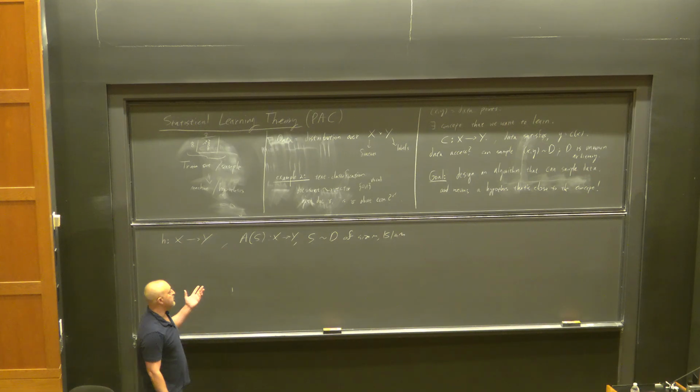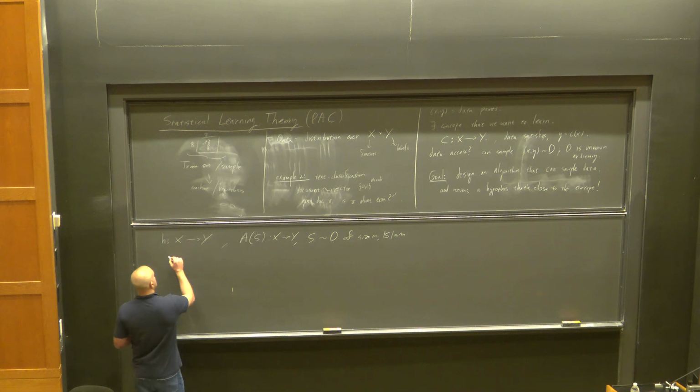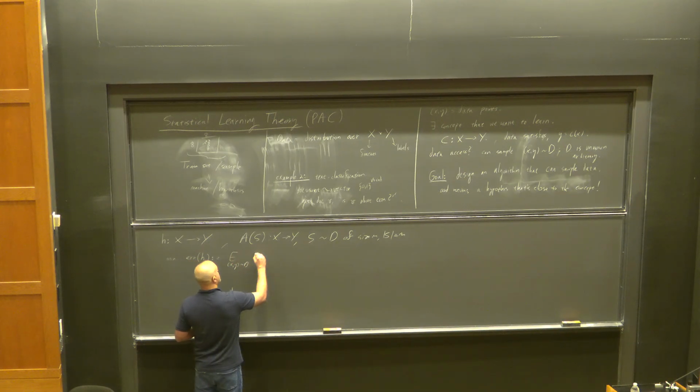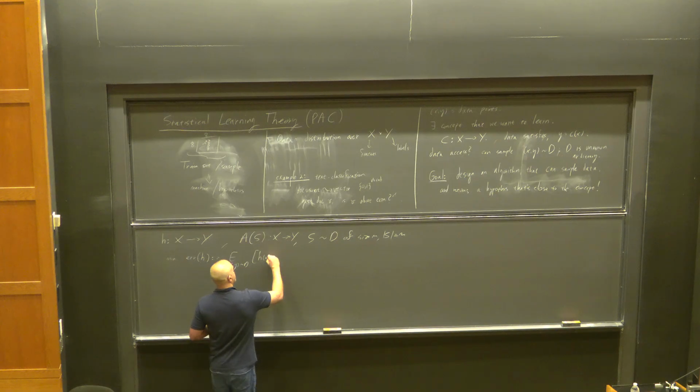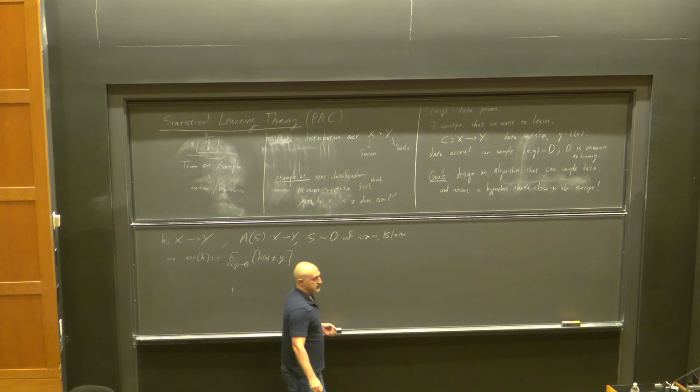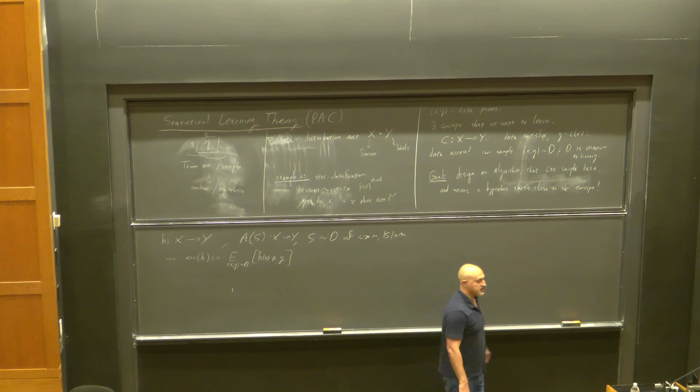And then it generates a hypothesis from X to Y. And the goal is to minimize the error of h, which I define to be, as Bogdan was saying, the expectation over (x, y) from the distribution D of the indicator that h(x) is not equal to y. That is the goal.